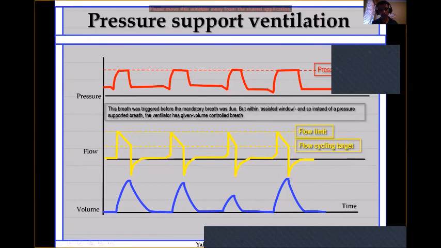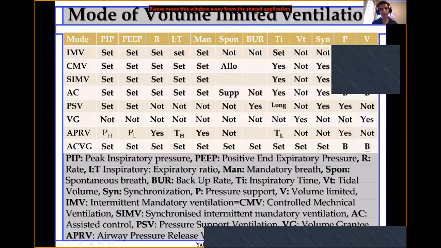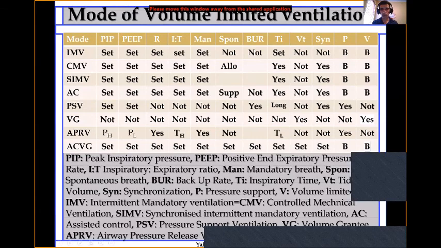And you can see when the patient reaches the flow cycle, it starts the new phase of the respiratory cycle. Again, it's a kind of repetition. It's a very complicated slide, but it's a repetition of what we've said.